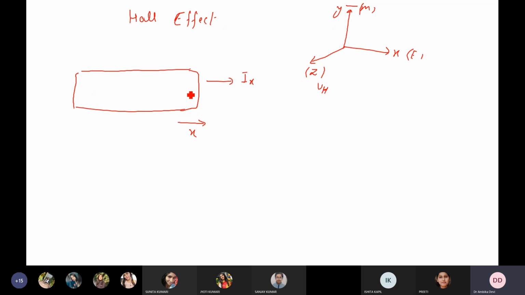Now, if a uniform field is applied, let's say along the z direction, in this three-dimensional system, this is the x direction and hence this is the direction of the electric current. And if the magnetic field is applied along the z direction, then a Hall voltage will be produced in the y direction, denoted by VH.